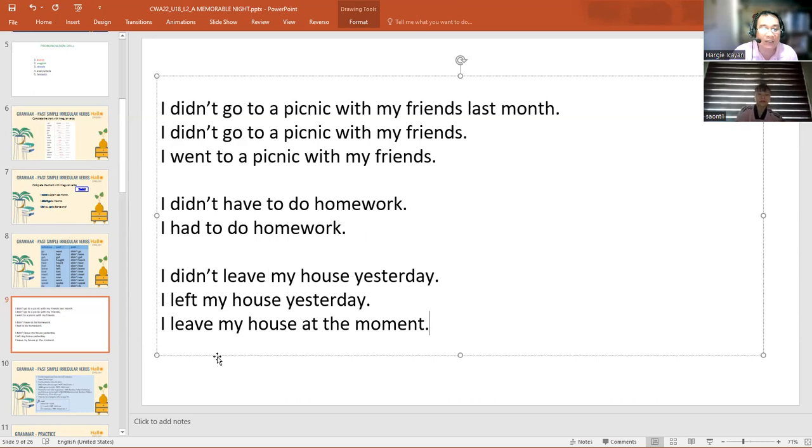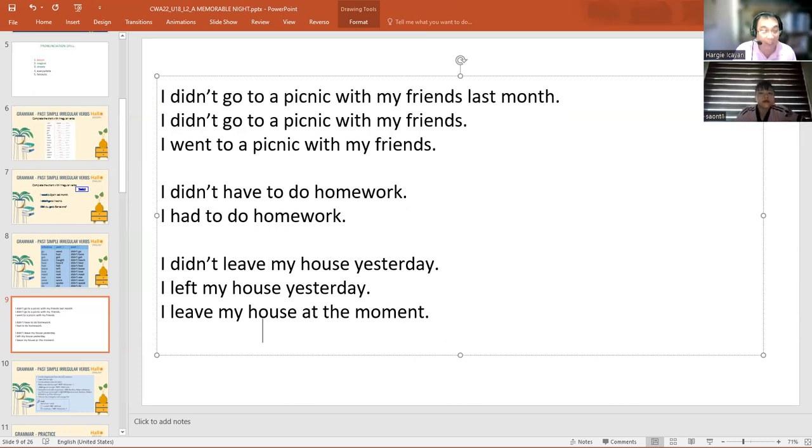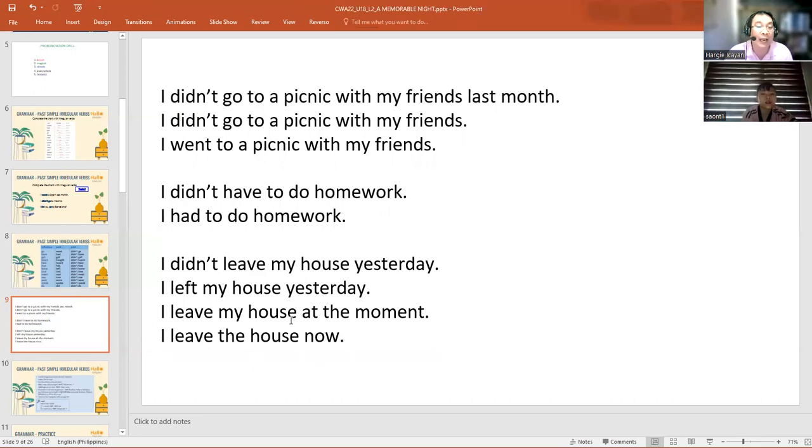So you can say that, or I leave the house now. I leave my house at the moment, or you can also say I leave the house at the moment. Since you own that house, you can use that also.